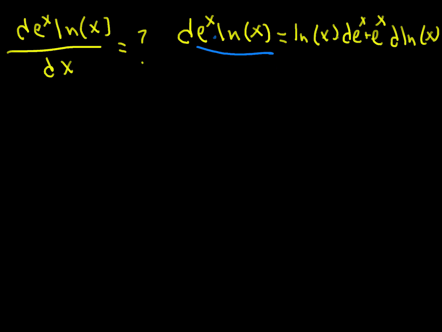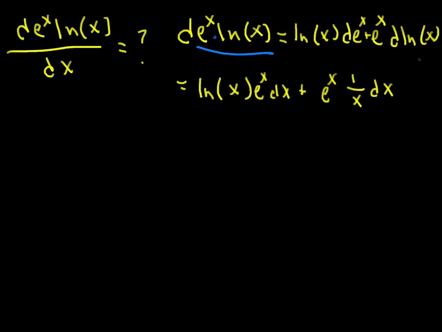And we've already, in the last part, seen that the differential of e to the x is e to the x. So this is equal to ln of x times e to the x, and the differential of ln of x is 1 over x, so e to the x times 1 over x dx.